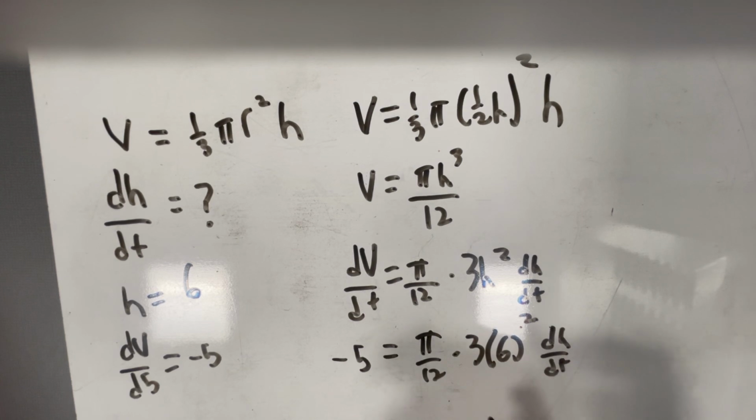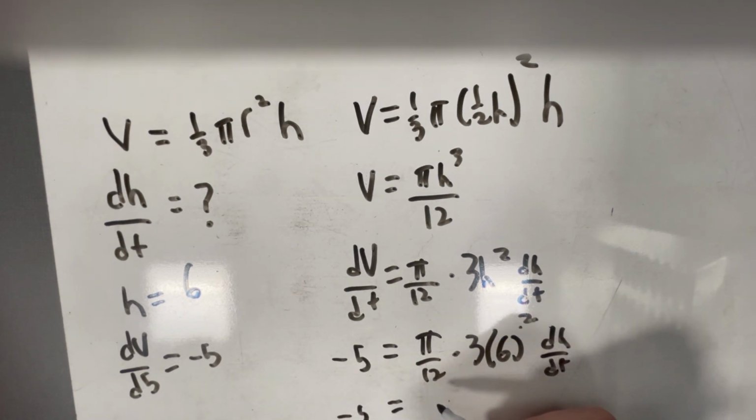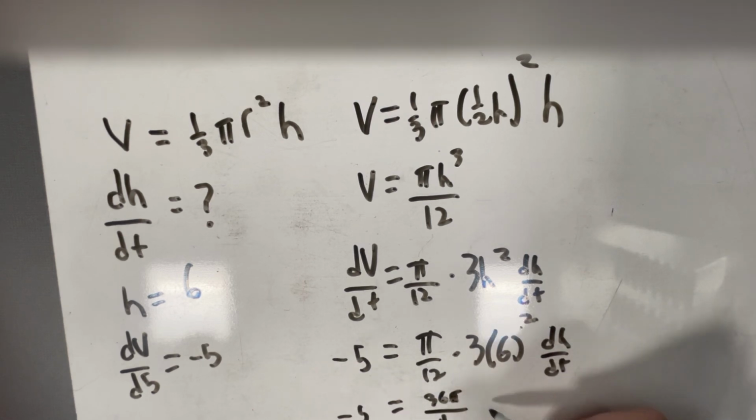All we have left to do is solve for dH dt, so -5 is going to equal 36 pi over 4 dH dt.